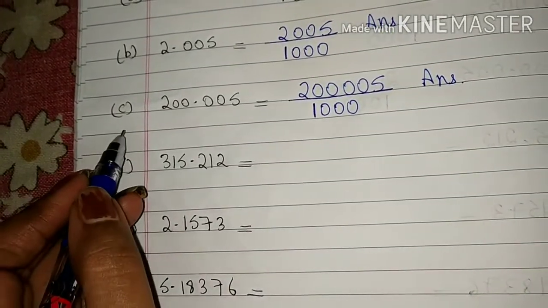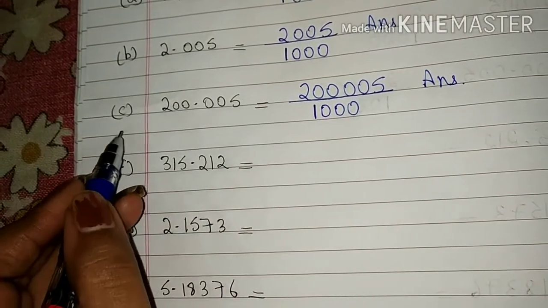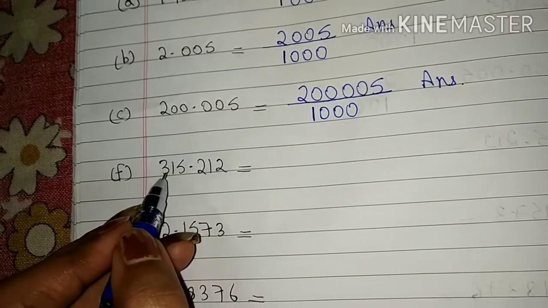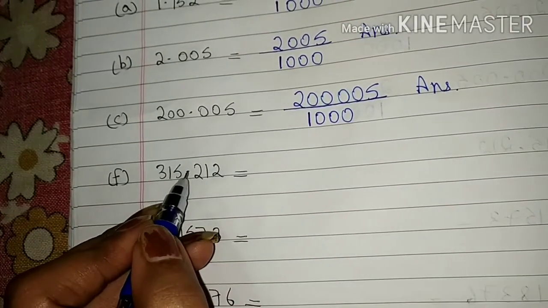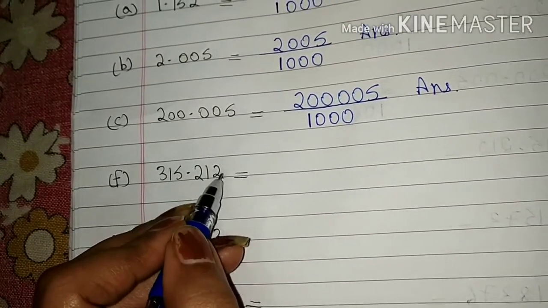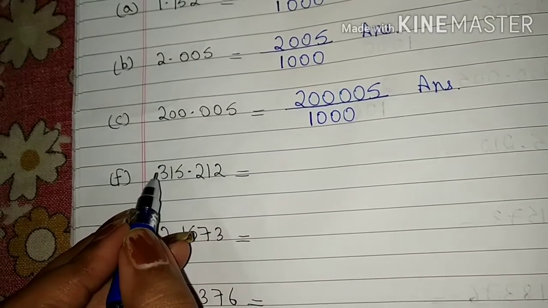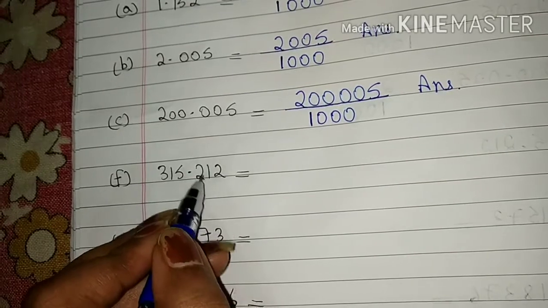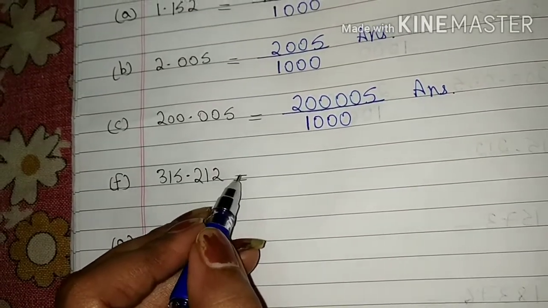Students, D and E part, this is your homework. So we will do F part. Question is 315.212. Students, we will convert 315.212 into fraction.